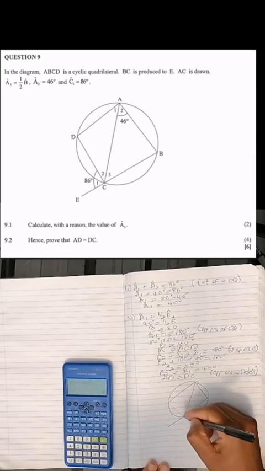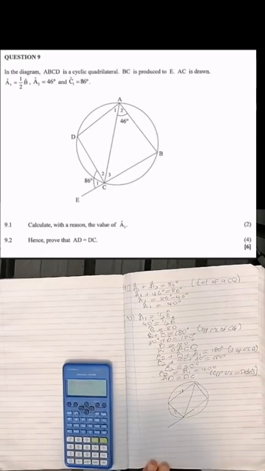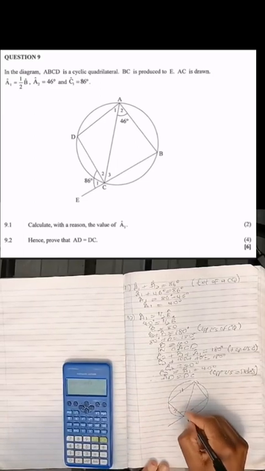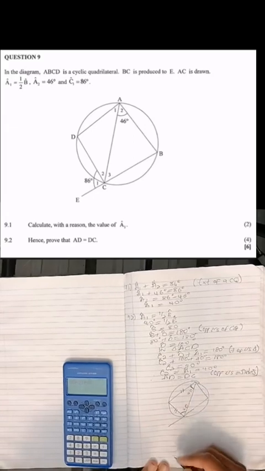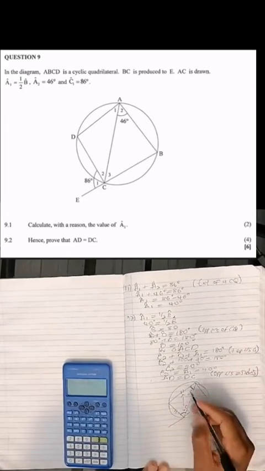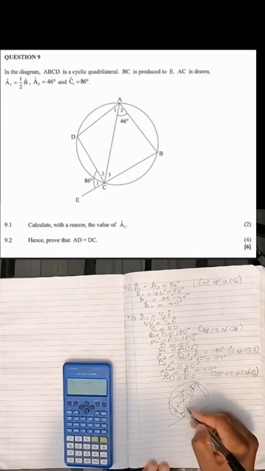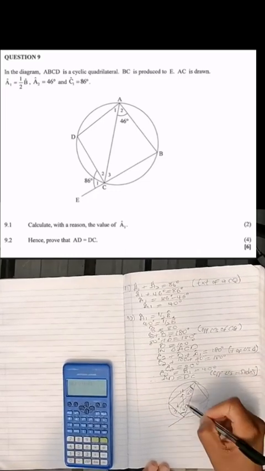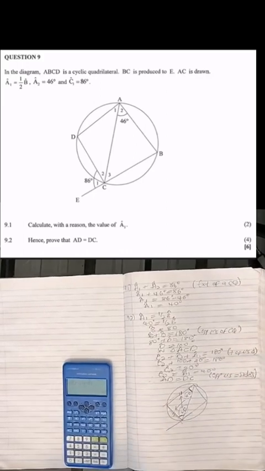So now we are proving that this side is equal to this one. How do we prove that? Since we proved that this angle is equal to this one, which is 40, 40, we can conclude that this length is equal to this length because the opposite angles are equal, indicating that the lengths are equal as well.